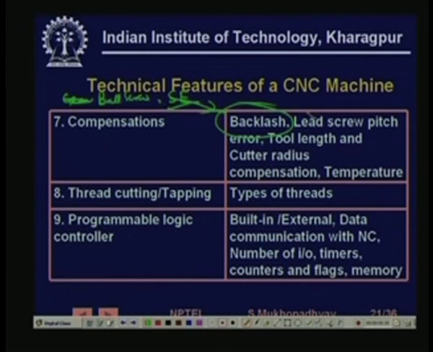There can be lead screw pitch error, that is, one rotation of the lead screw may not lead to an advancement of exactly the same amount all along the screw. Then there are compensations required for tool length and the cutter radius, the thing that I was just talking about, because of the finite dimension of the tool. You need to create such a motion that the tip actually cuts at the position where you want to cut it.